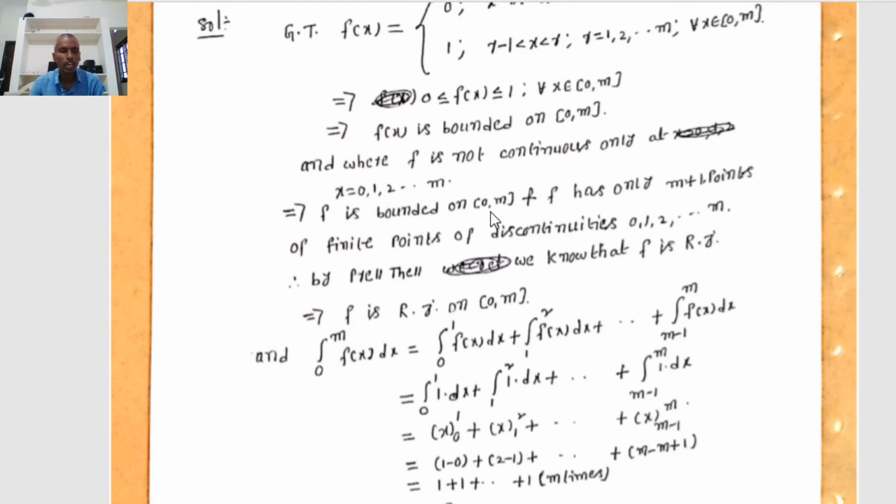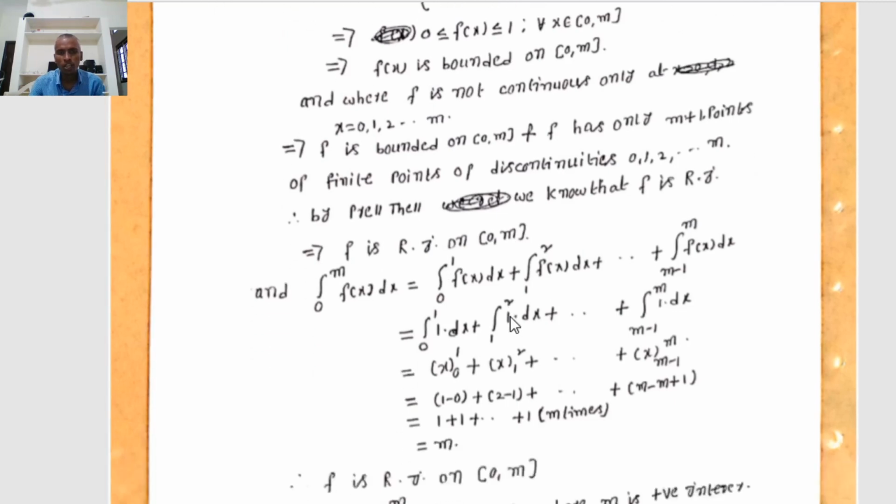Here f is a bounded function on the closed interval [0, m] and f has a finite number of discontinuities 0, 1, 2, 3 up to m on the closed interval [0, m]. That implies f is Riemann integrable on the closed interval [0, m].